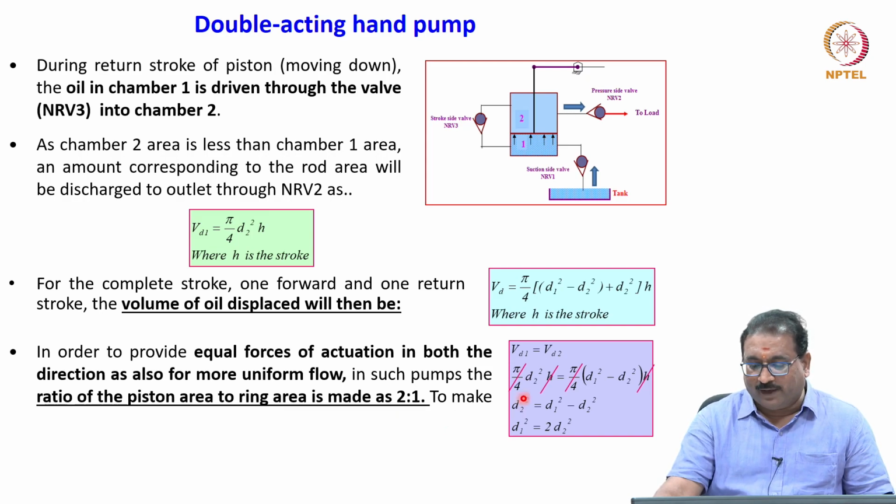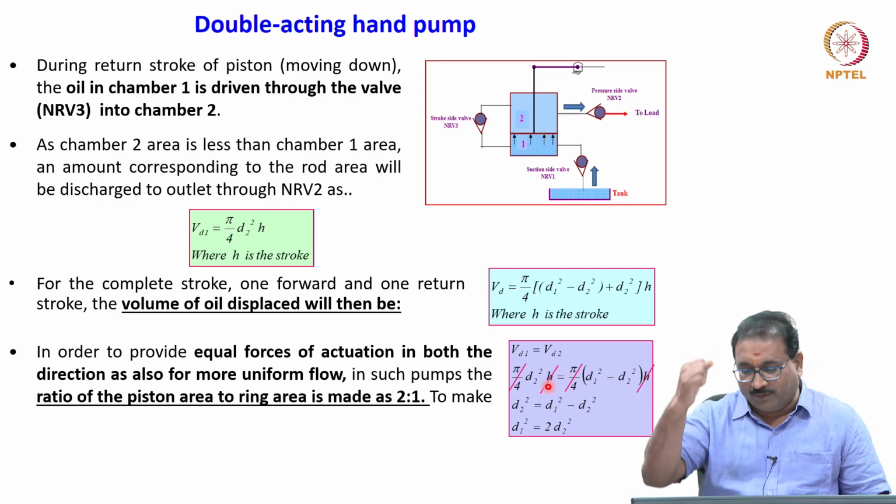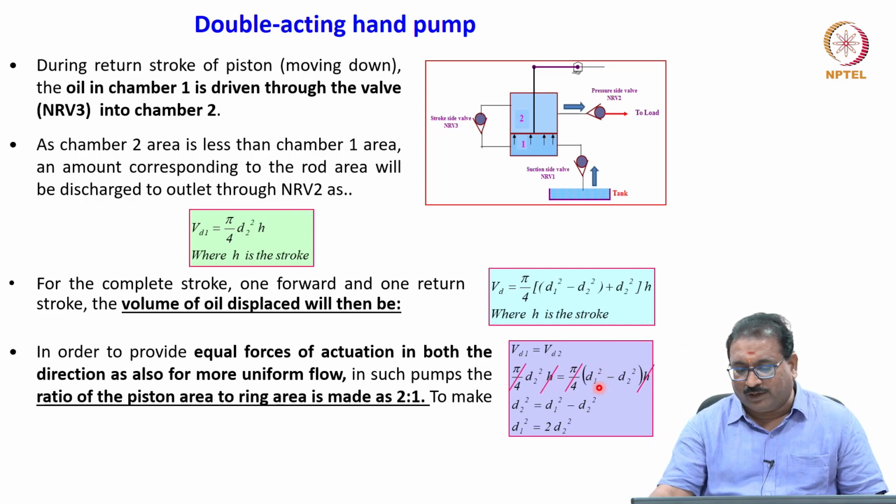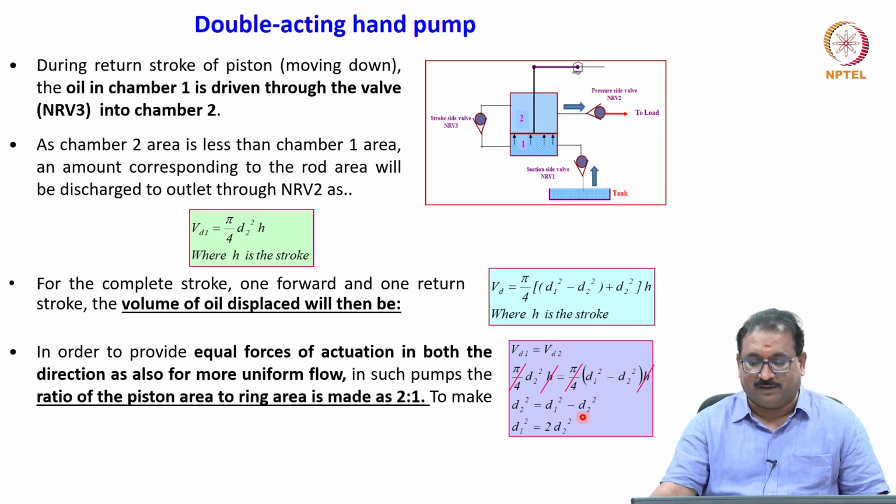What is the meaning here? To make Vd1 equal to Vd2, I am equating Vd1 and Vd2. Vd1 I already know, pi by 4 d2 square into h, when the piston is moved up. When it is moving down, pi by 4 d1 square minus d2 square into h. After simplifying this, d1 square equals 2 times d2 square.